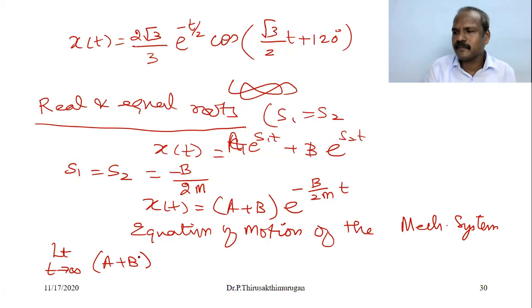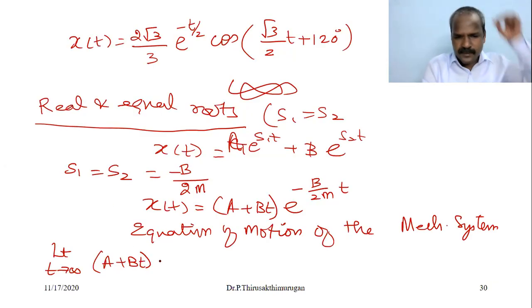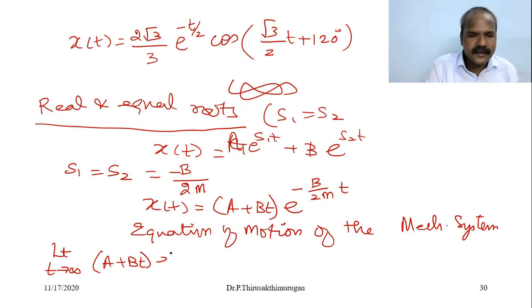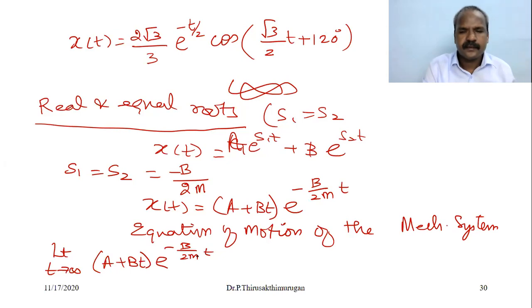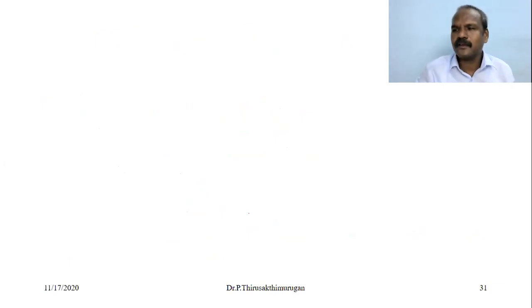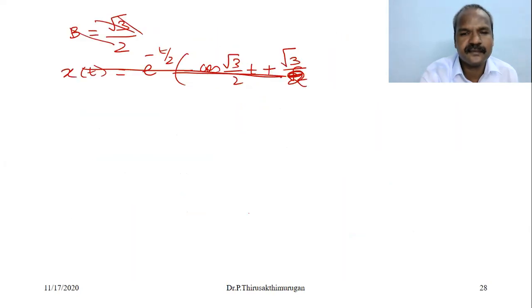Okay, a plus bt. So solution will be a plus bt e power minus b by 2m into t. This is equal to 0. So we have to apply L'Hospital rule.